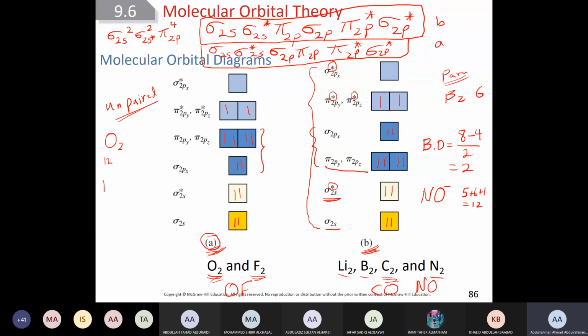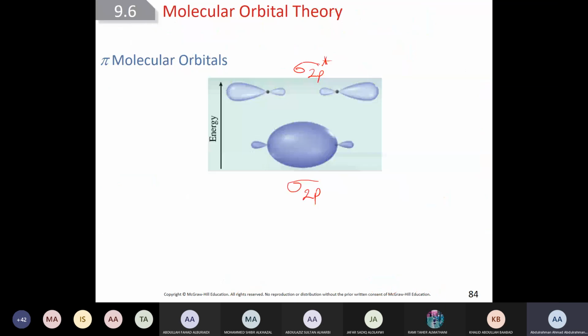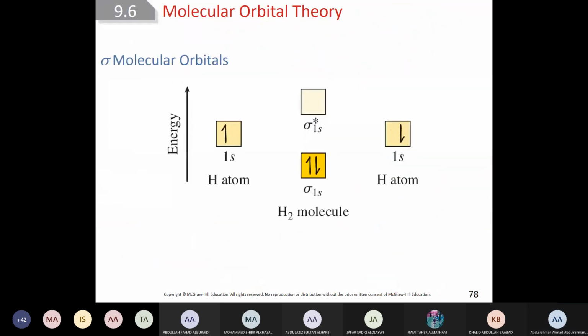What's the bond order? 8 minus 4, divided by 2, which is equal to 2. Is this para or dia? Paramagnetic.